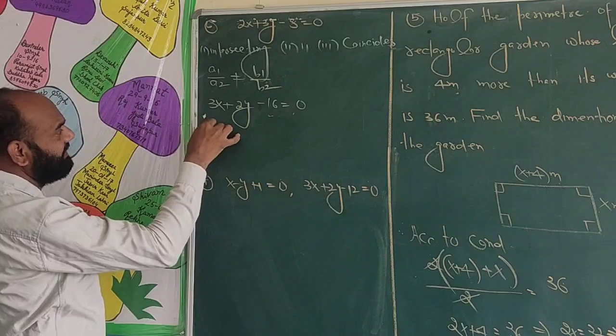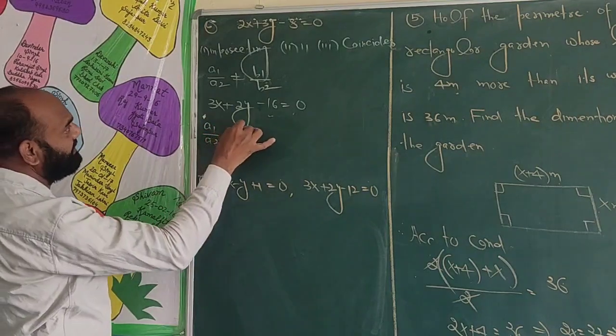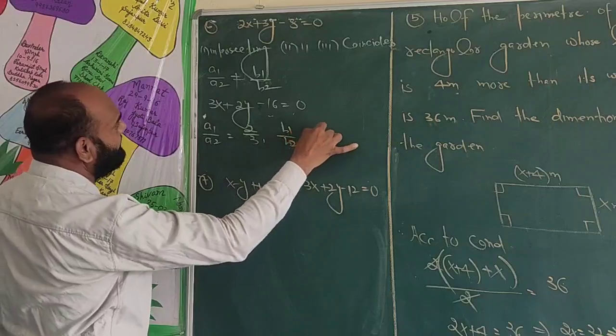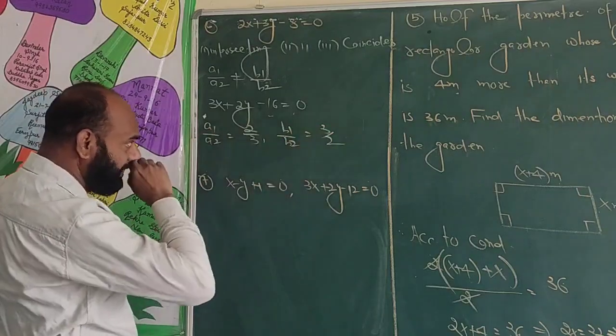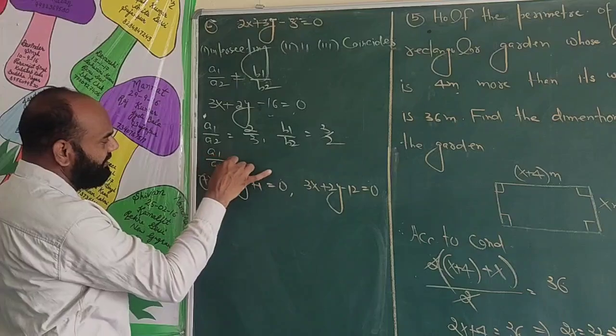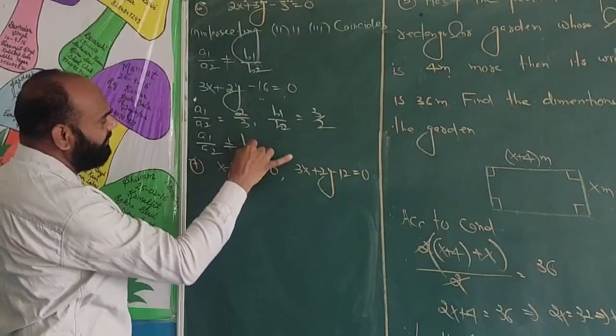Now we check a1 upon a2 is equal to 2 upon 3 and b1 upon b2 is equal to 3 by 2. So we observe here a1 upon a2 is never equal to b1 upon b2.